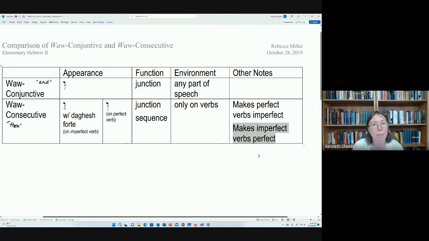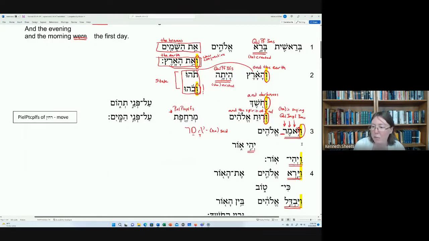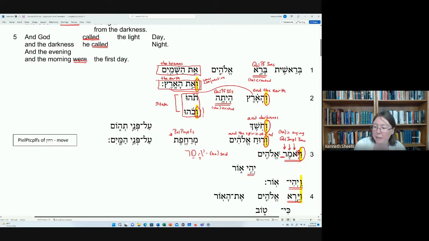Well, now that solves that particular mystery. That explains why it is that this particular verb here, wayomer, is in fact translated with the same past tense as the perfect verbs that we had up above. Created, was, said.